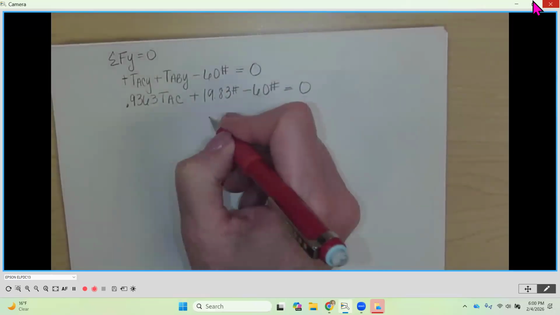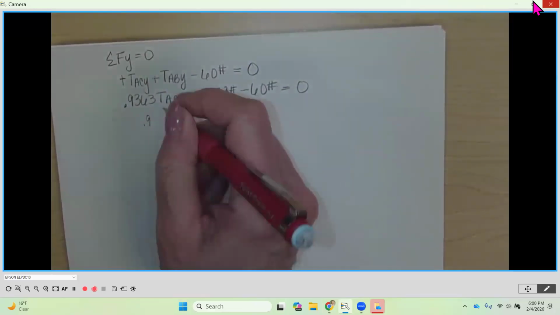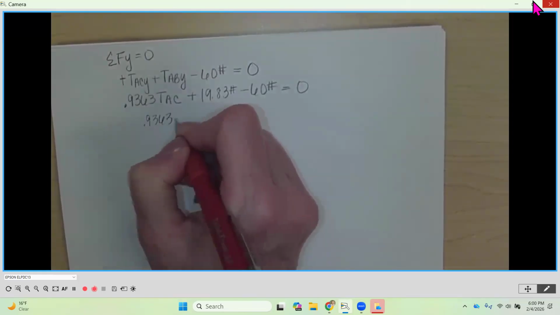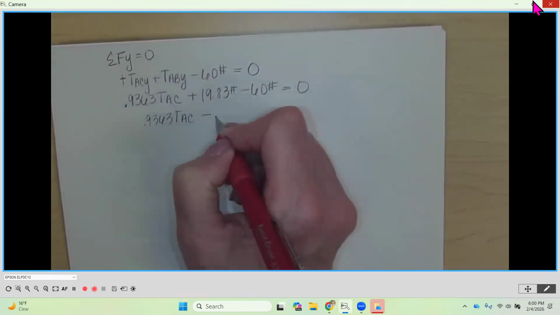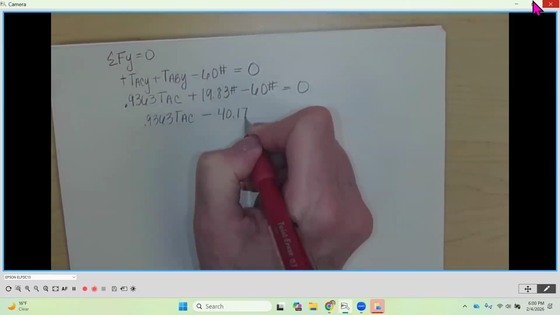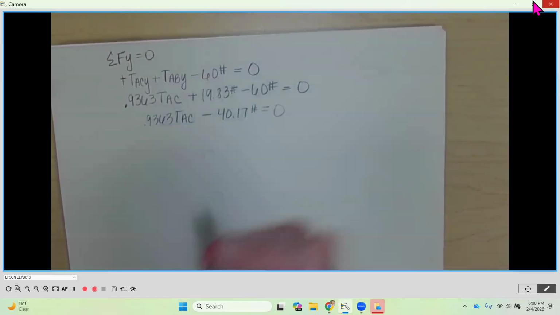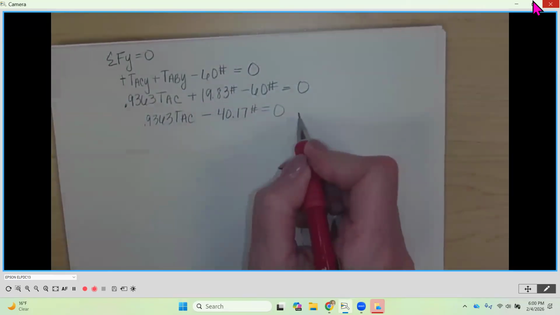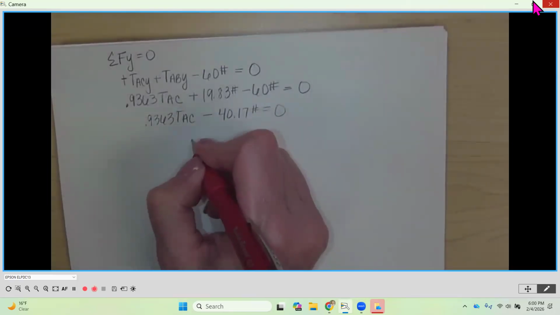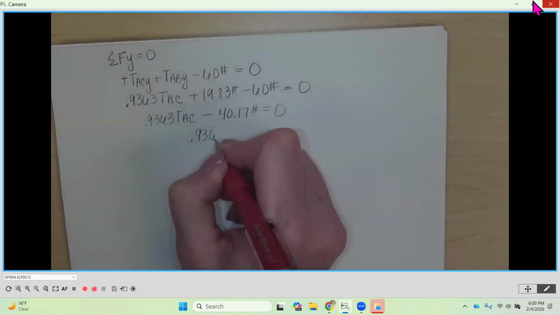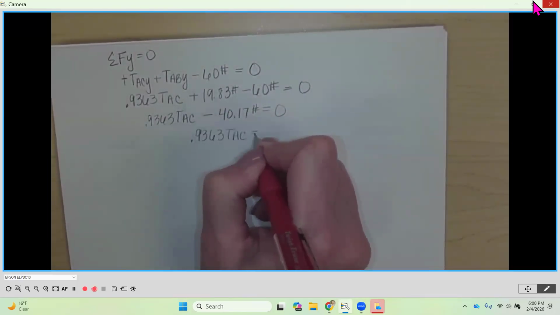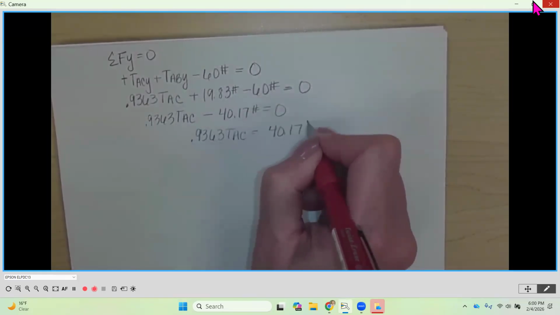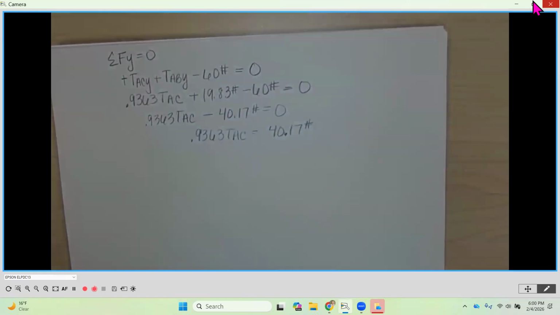So I've got 0.9363 TAC minus 40.17 pounds is equal to 0. Moving that 40.17 to the other side, 0.9363 TAC is equal to 40.17 pounds.